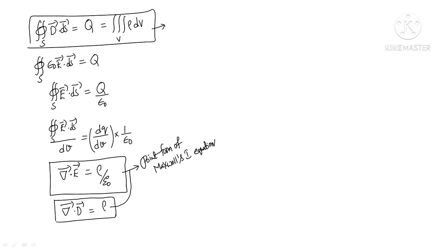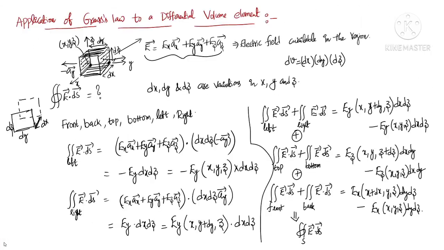Okay, so this equation is called as integral form of Maxwell's first equation, and this is called as point form of Maxwell's first equation. Okay, so in this way we can derive the integral form as well as point form of the Maxwell's first equation by applying Gauss law to a small differential volume element.